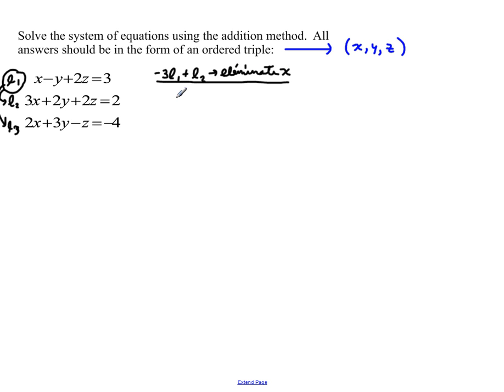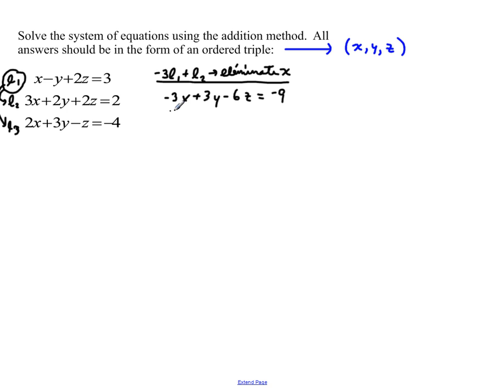So let's take -3 times our first term, x, minus -3 times y. So that's going to become plus 3y, minus 3 times positive 2z becomes -6z. And be very careful to take your time. -3 times -3 gives us -9. And so we're going to add that to line 2 right here.